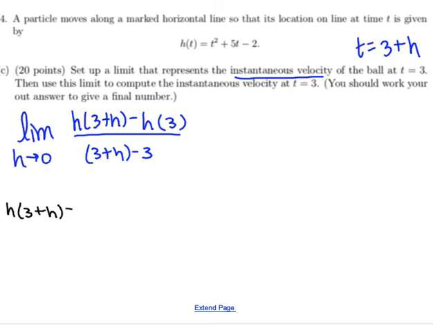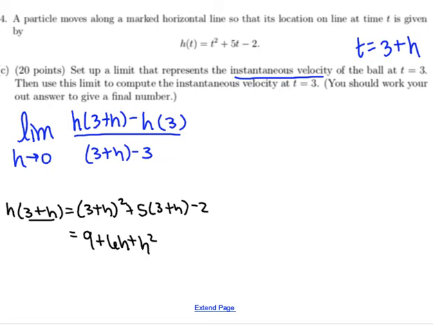Lots of h's going on here. So we're plugging in 3 plus h for any t in this equation. So we would have 3 plus h squared plus 5 times 3 plus h minus 2. For 3 plus h squared, you must write it twice and FOIL it. So I'm just going to write what it would be. It'd be 9 plus 6h plus h squared.